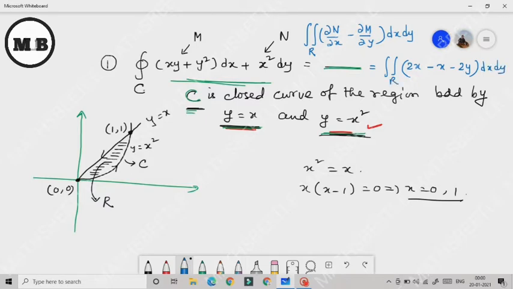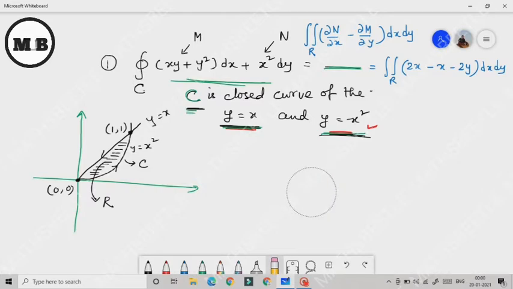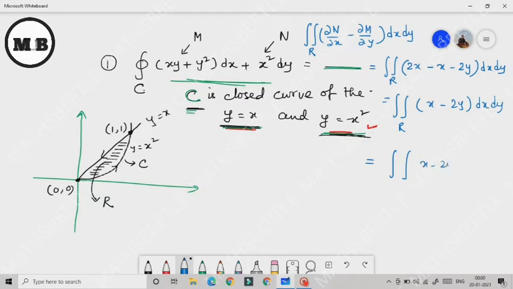Now try to find the value of this. Over this region we need to find this double integral of x minus 2y, with dx dy.